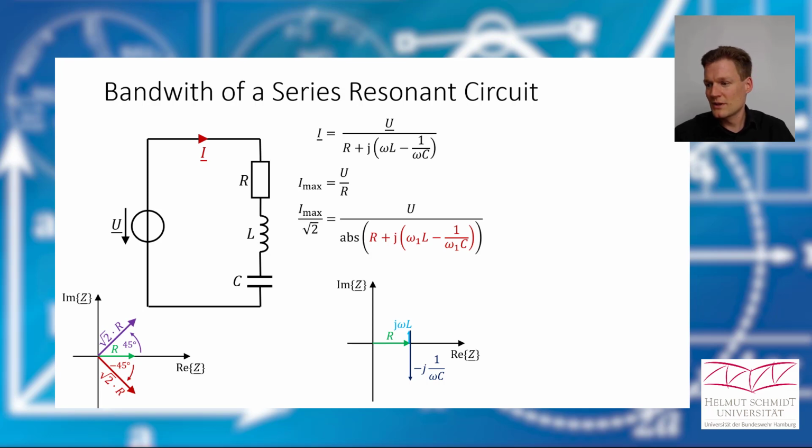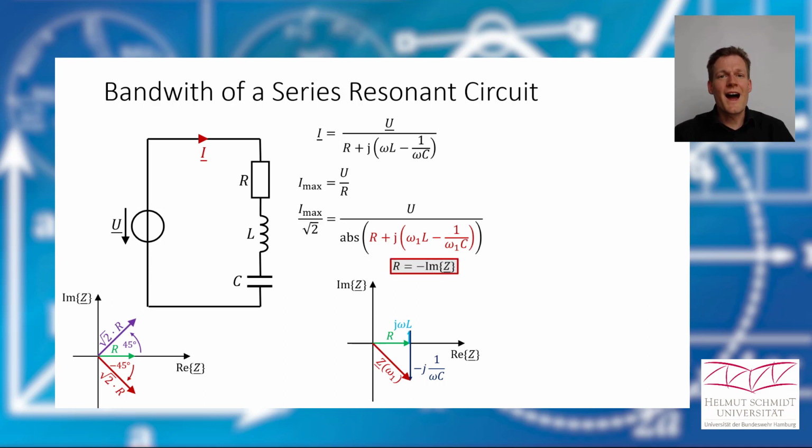And for small values, this part here will be bigger than the part of the inductance. And therefore you see we can get an impedance whose absolute value is square root of 2 bigger than the value of R.